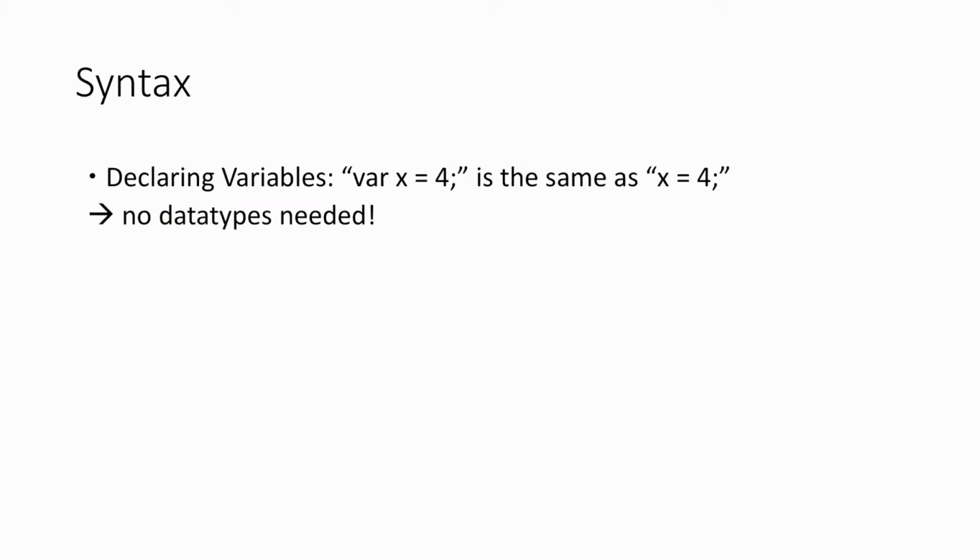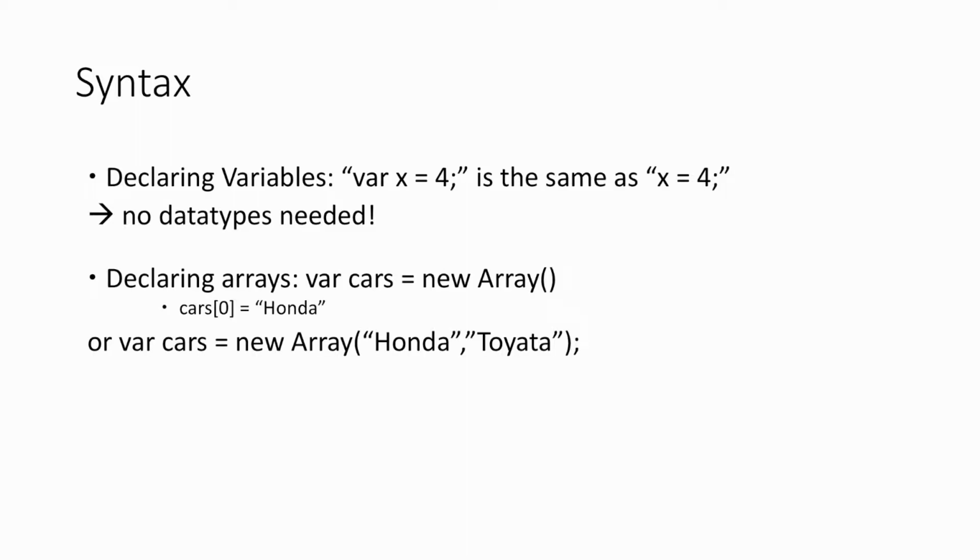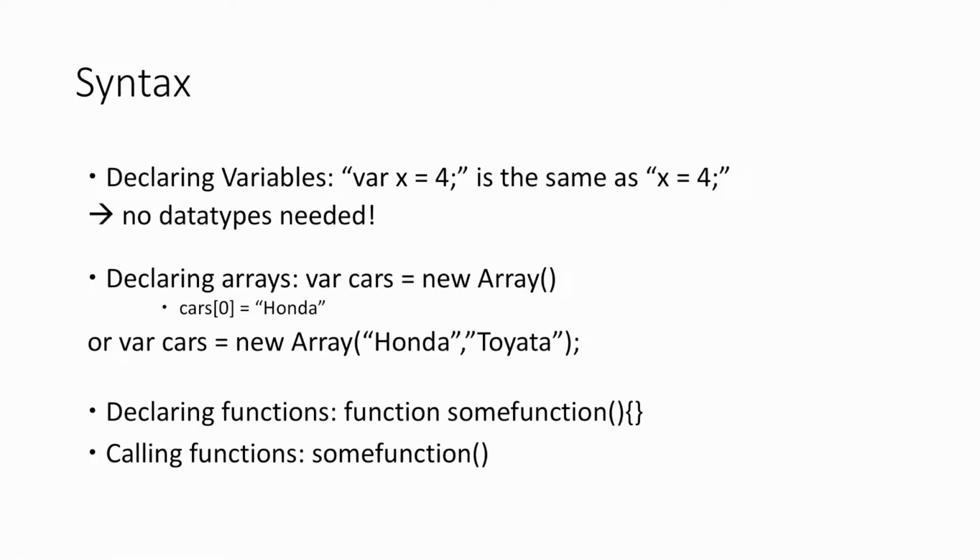You don't need any data types, which is a common feature for dynamic type check languages. Swift is one of them. As you can see here, you can create variable cars as a new array. Here's a simple way to declare a function call, and here's a way to call the functions. It's quite similar to C, so the learning curve is pretty low.